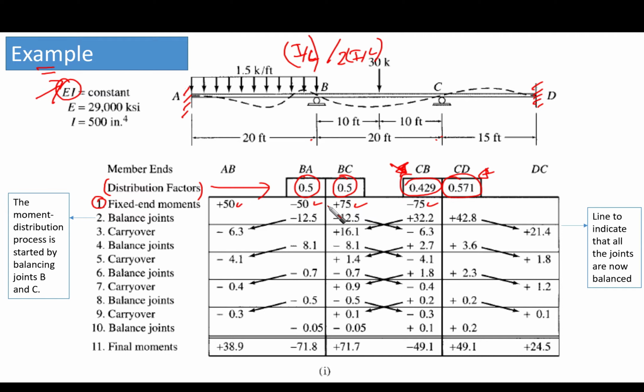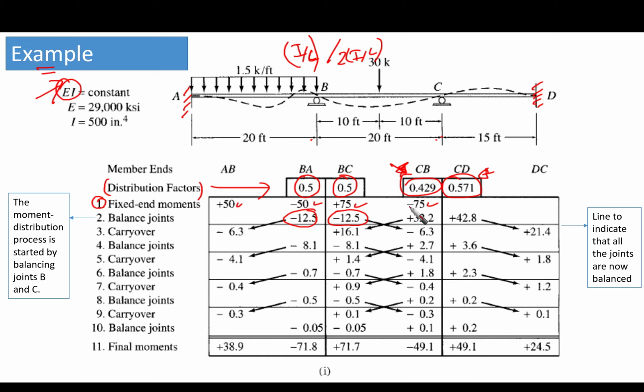This 25 positive is going to be distributed 50-50 here and here. So it is going to be minus 12.5 and minus 12.5, at the right and left of point B. This is the balancing moment, and now they are balanced.